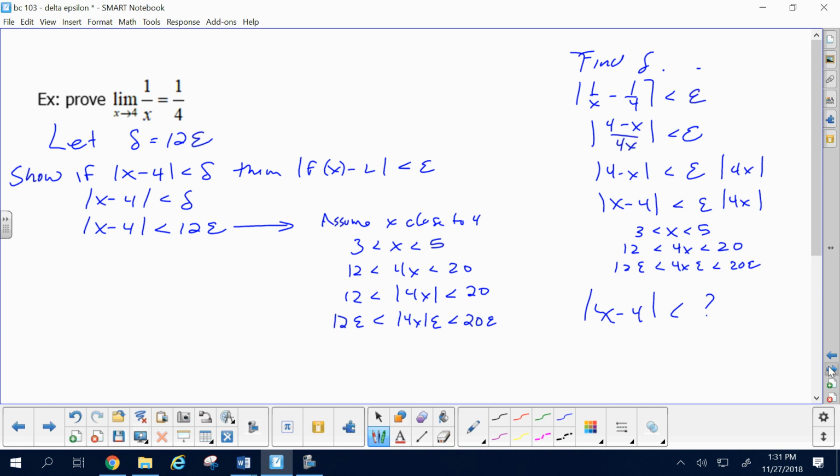All right, so once you get to that step, that's what allows you to come back and show the A is less than B is less than C step. I know from previous work that A, |x - 4|, is less than B, 12 epsilon. But I also just showed that B, 12 epsilon, is less than C, 4x epsilon. Okay? And therefore A must be less than C. |x - 4| must be less than 4x epsilon.